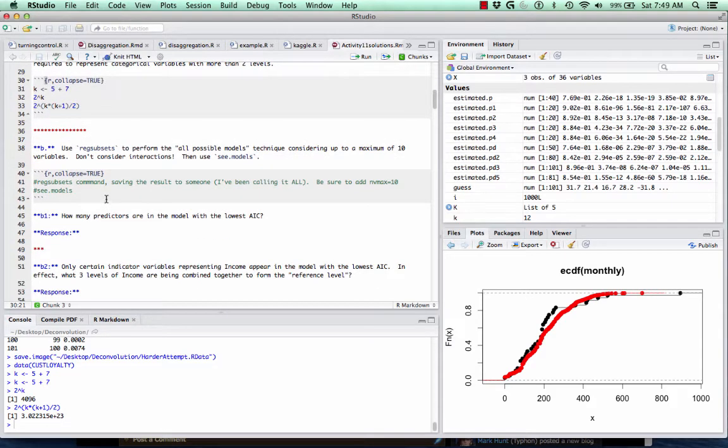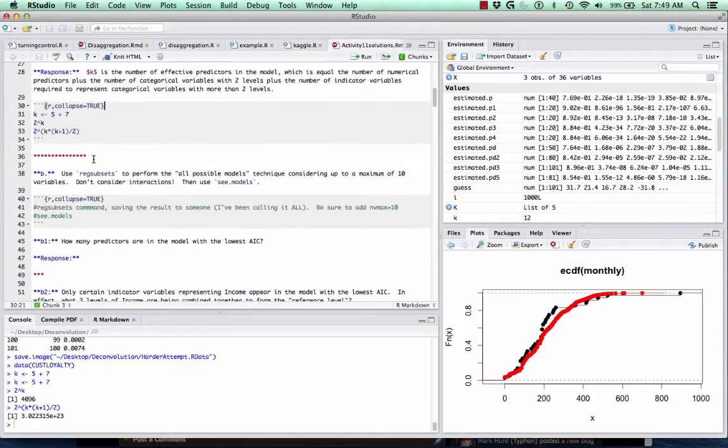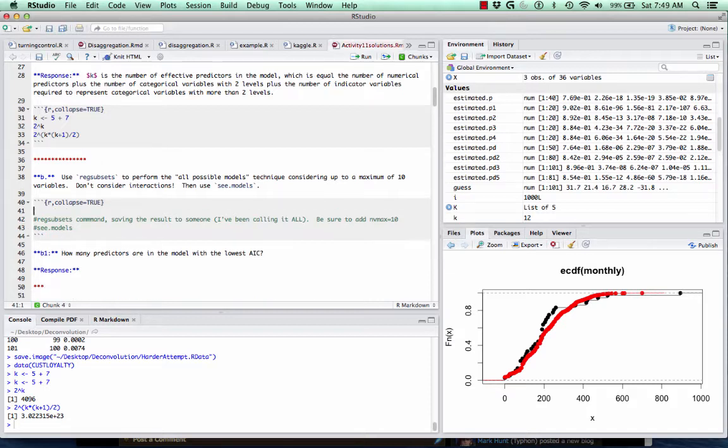All right, so part B asks us to do the all possible approach, but considering only a maximum of 10 variables in a particular model and not to consider any interactions. So what I'm going to do is I'm going to name the result all here, and the syntax here is just regsubsets. And what we do is we put in the formula of the most complex model we're interested in considering.